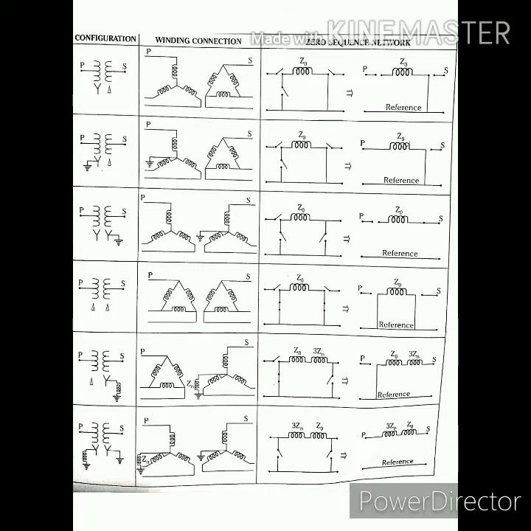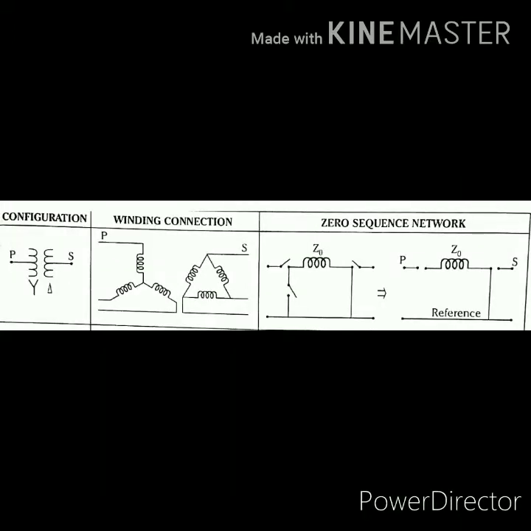So let us see the first one. In the first one, see the configuration. Here primary is star, secondary is delta. So see the zero sequence network. Primary is star, but it is not solidly grounded, so the series switch is open on that side and the shunt switch is also open.